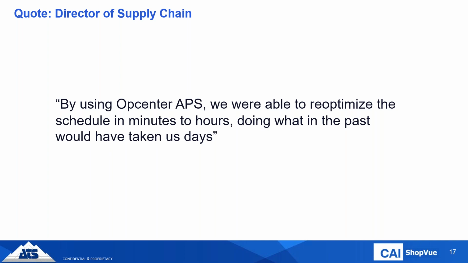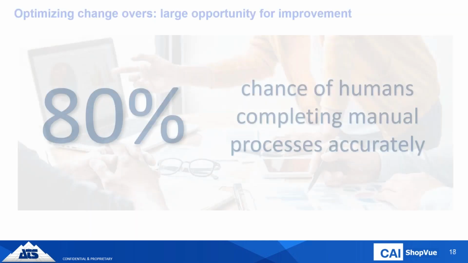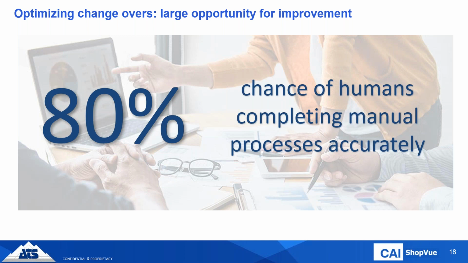Okay, one of the three major benefits was changeovers. So I thought what we would do, Hans, was drill into how MES and APS can really help our customers reduce changeover times. So let's talk about that for a minute. Yeah. I think there's a high-level philosophy within the industry of manufacturers' workforces executing tasks at 80% accuracy.